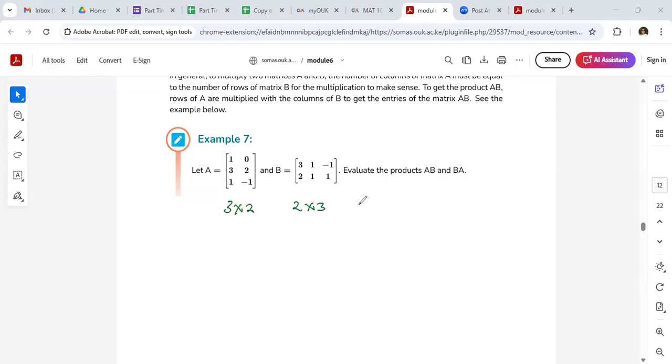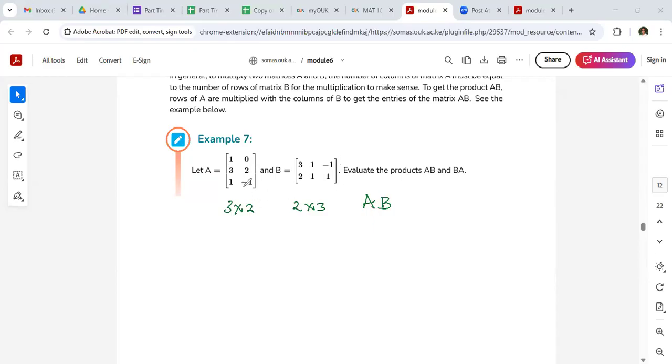Now the question is, are the two matrices conformable for multiplication? Can you find AB?